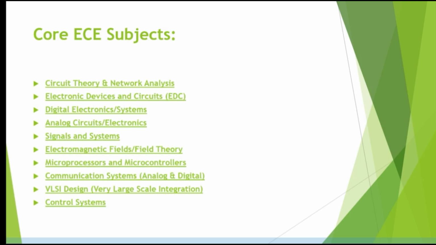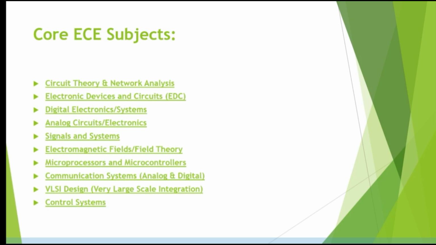And then analog circuits and electronics, and then signals and systems, then electromagnetic fields or field theory, microprocessors and microcontrollers, communication systems, both analog communication systems and digital communication systems, and VLSI design, and then control systems. So you can see during your 4 years of journey, you will encounter all these subjects in the first or second year.